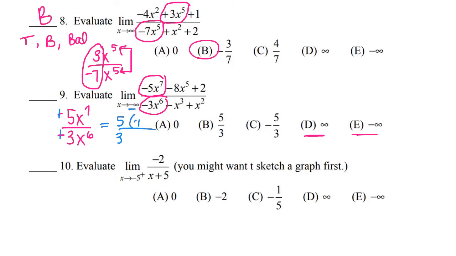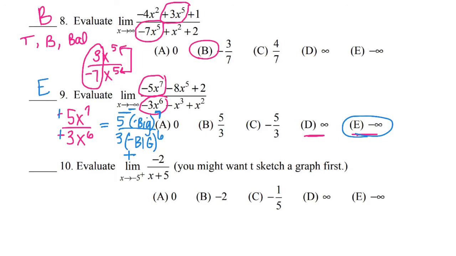I have a negative big raised to the 7th power, and in the denominator, a negative big raised to the 6th power. A negative raised to the 7th is going to be a negative value, and the denominator is going to be a positive value. So we end up with a negative. That tells me this graph is tending toward negative infinity. So my answer should be E.